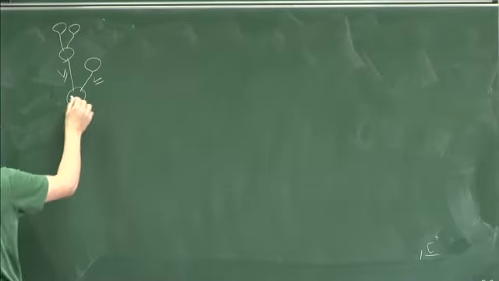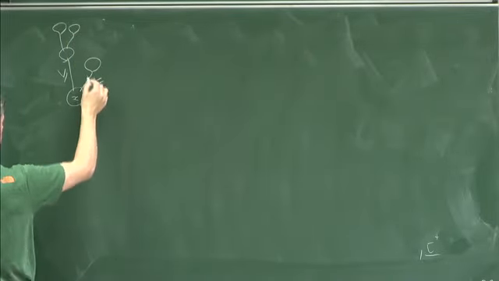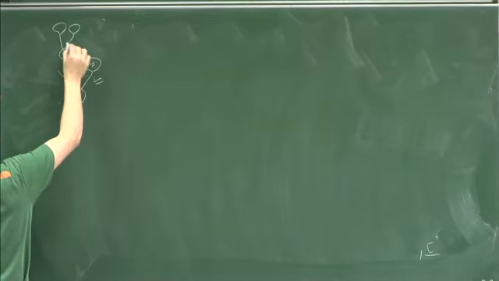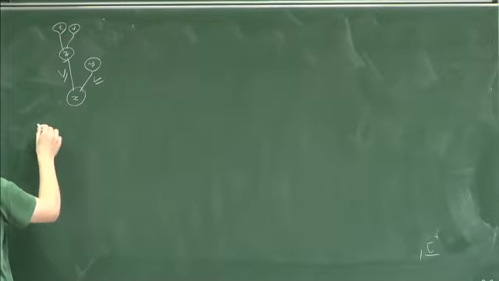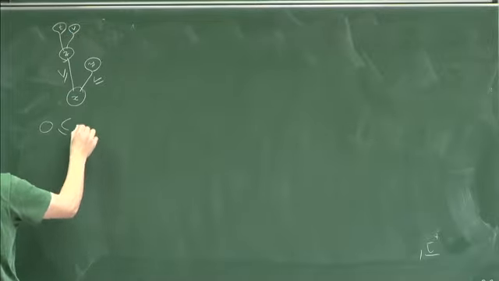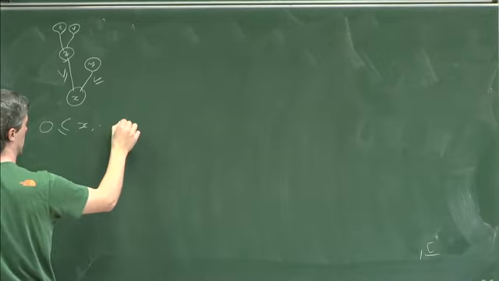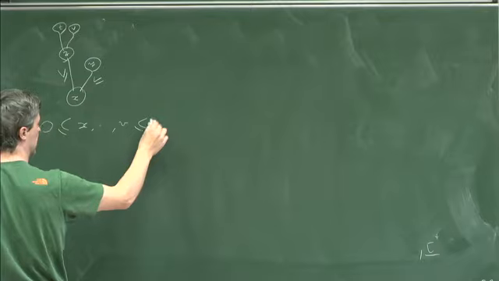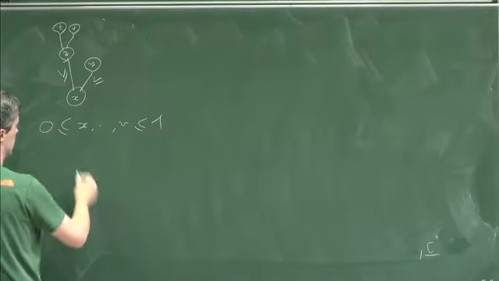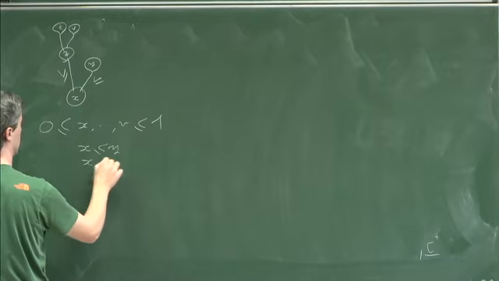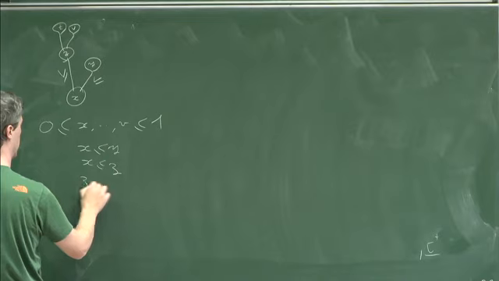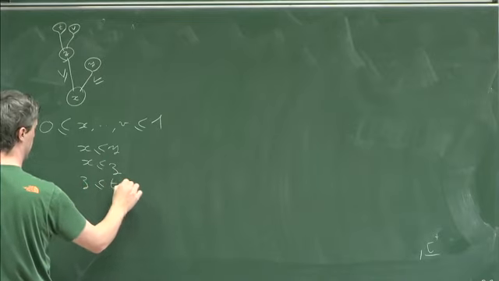And we can put a variable inside each vertex, and then we can look at the set where all these variables are between 0 and 1, and the values are increasing. I'm just doing an example: x smaller than y, x smaller than z, and z smaller than t and v.